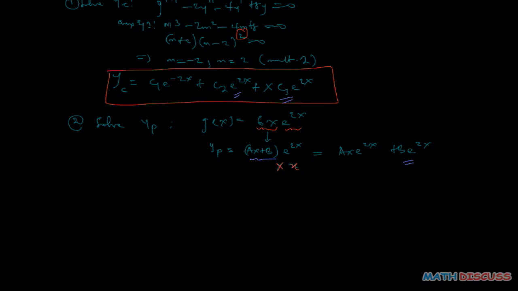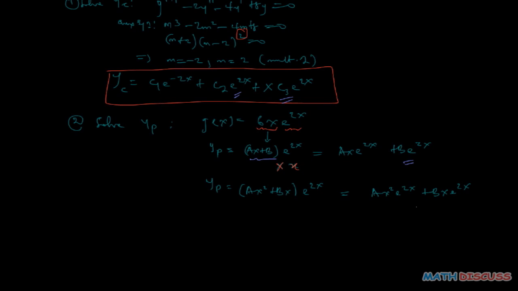When we multiply by x, we have yp equals ax squared plus bx times e to the power 2x. If you write this out, you have ax squared e to the power 2x plus bx e to the power 2x.